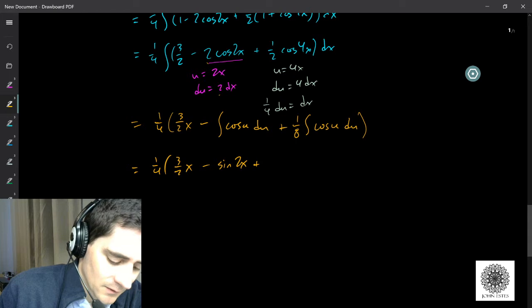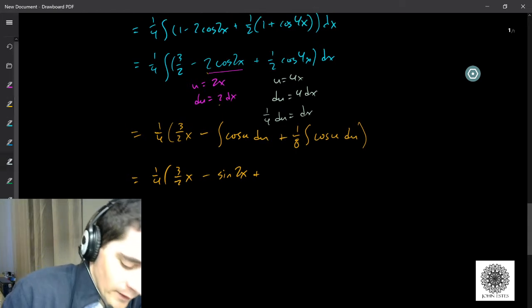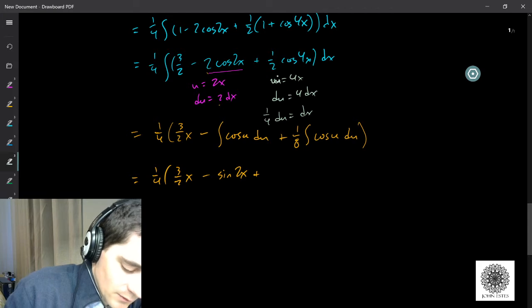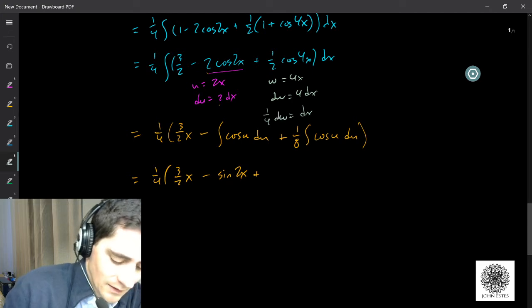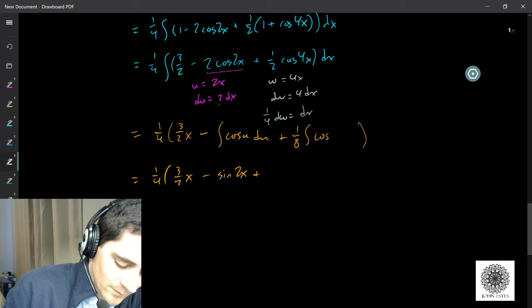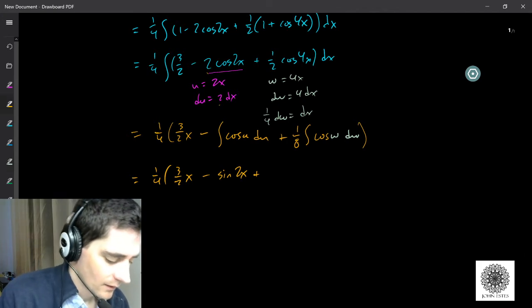And then the integral of cosine u. You know what would have been smarter for me to do? Instead of using u twice, maybe we do a w substitution. So w equals 4x. Then dw is 4 dx, and 1/4 dw equals dx. So now I'm integrating cosine w dw, and that's just so I don't confuse myself in my work.